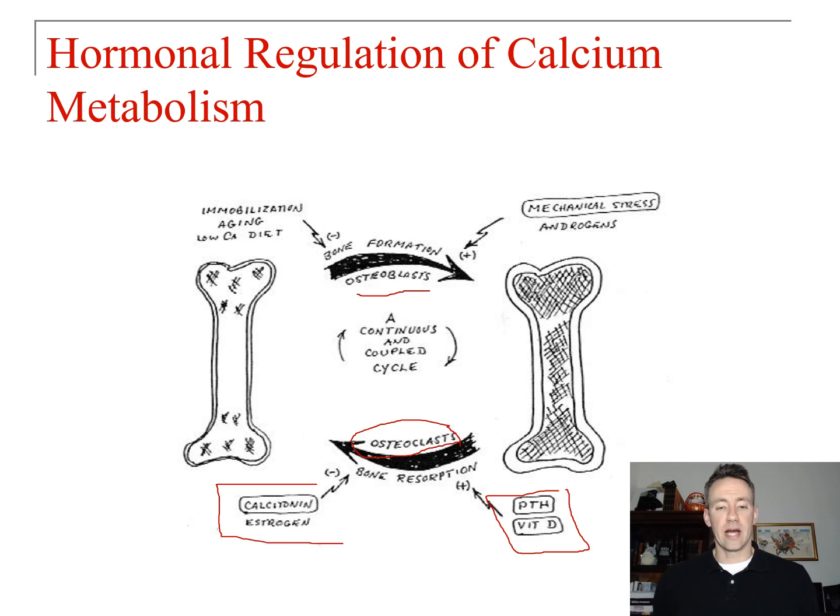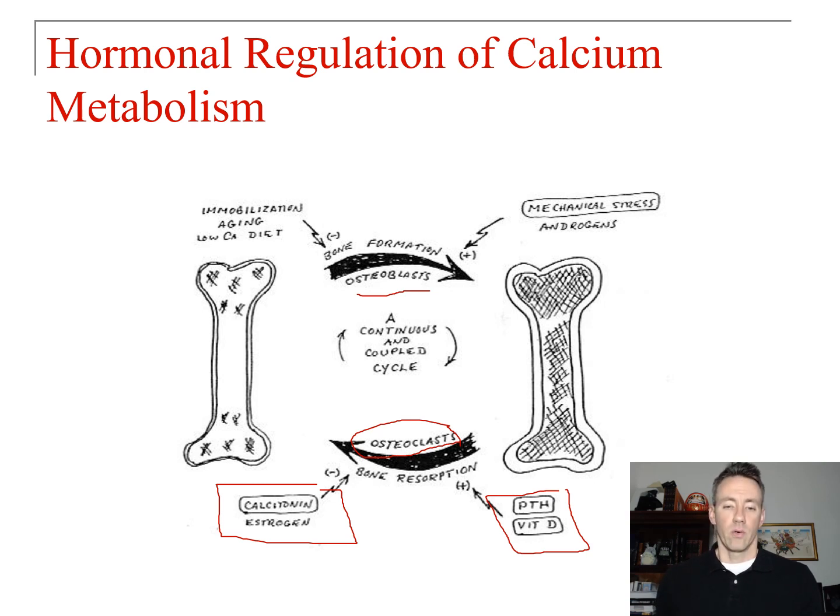However, on this side, opposing that is calcitonin. Calcitonin increases in response to high levels of calcium in the blood, and therefore it tones down the calcium level. In other words, it lowers the calcium level and stimulates more osteoblastic activity to distribute more calcium to the bone.